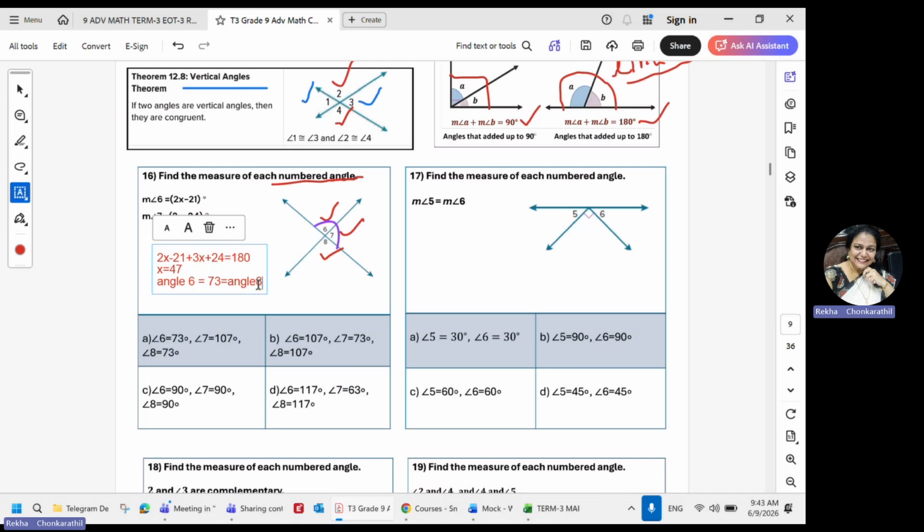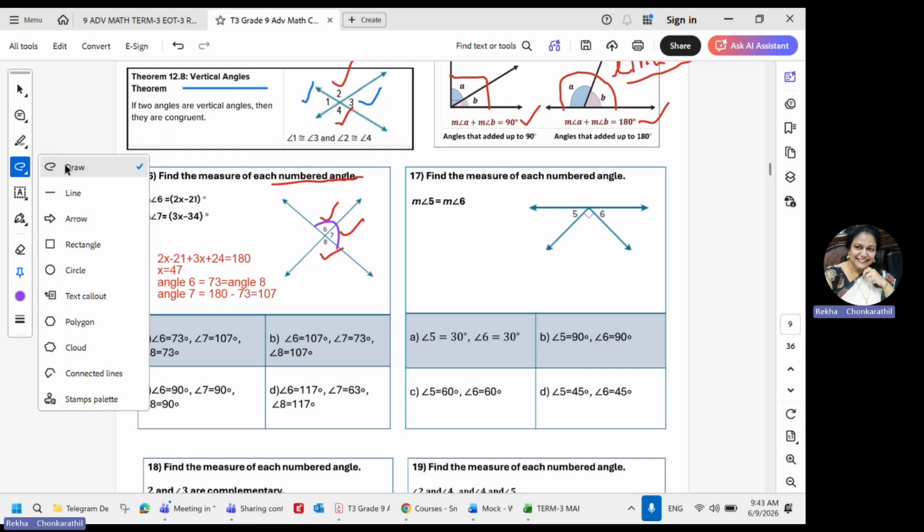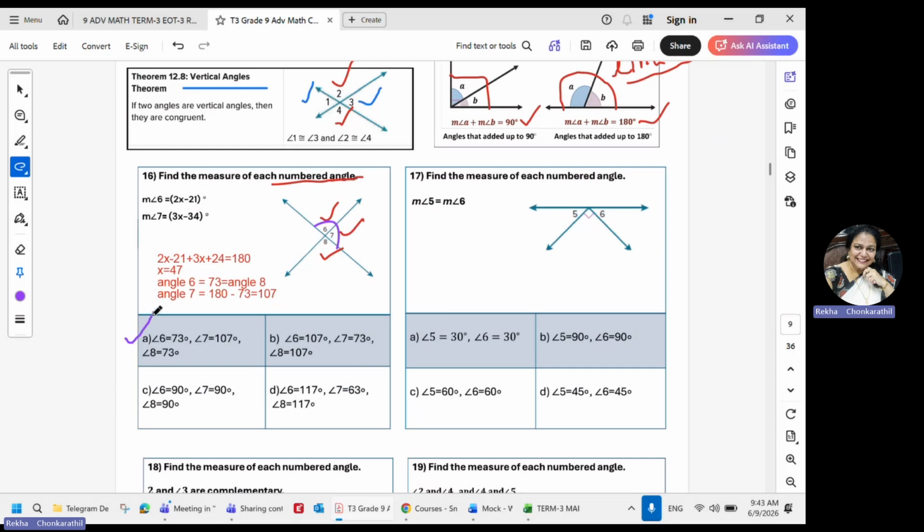Angle 7 equals 180 minus 73, which is equal to 107. So which option is giving this? You can see option A gives you the right answer. 6 is 73, angle 8 is also 73, and angle 7 is 107.